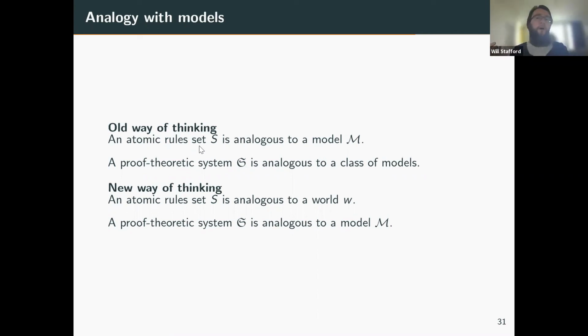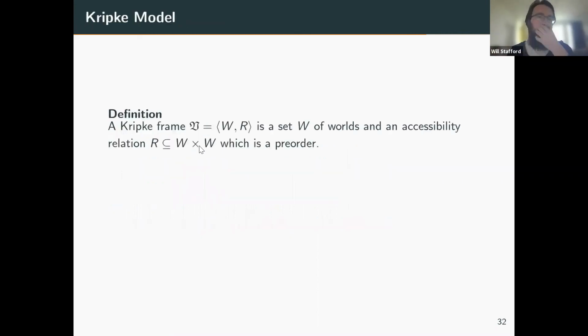And so we define proof-theoretic validity over a collection of proof-theoretic systems. And I'm going to try and show that this solves our problem with super intuitionistic inferences. And I'm going to do this basically by just picking a sound and complete collection of Kripke frames and showing that we can find an equivalent proof-theoretic system for each of them.